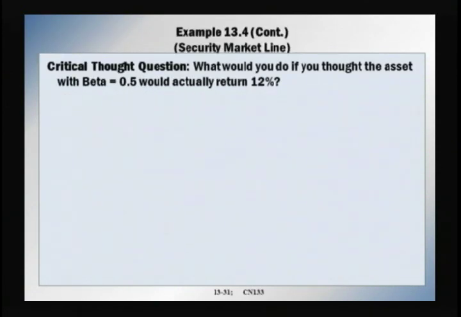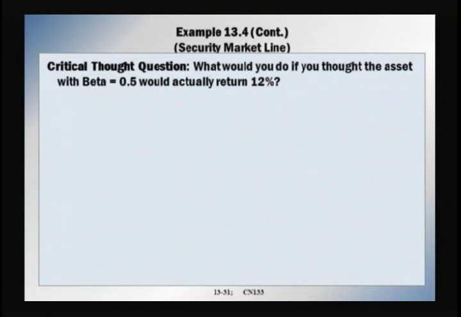Now, think about what you would do if you actually analyze stock A that has the beta of 0.5 and you predict it would actually return 12%. CAPM indicated we should require a 9% return to be fairly rewarded for that stock's systematic risk equal to its beta of 0.5.